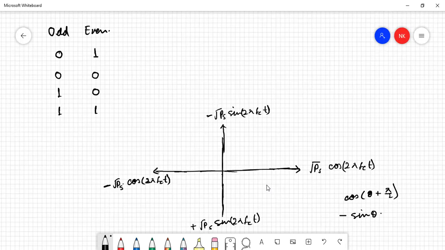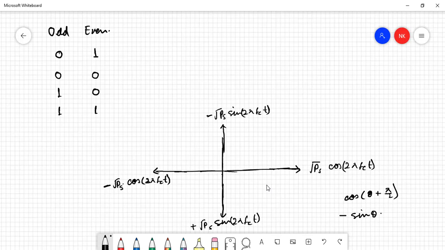Okay, now based upon the odd and even part of the signal, what we will have for the zero, odd part, for the odd part the signal we have is the cosine term.